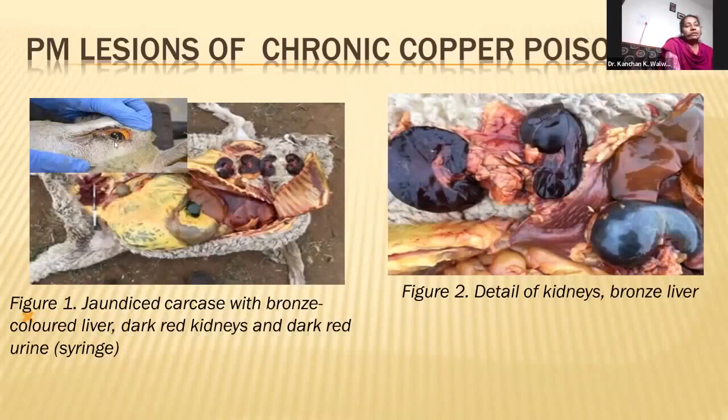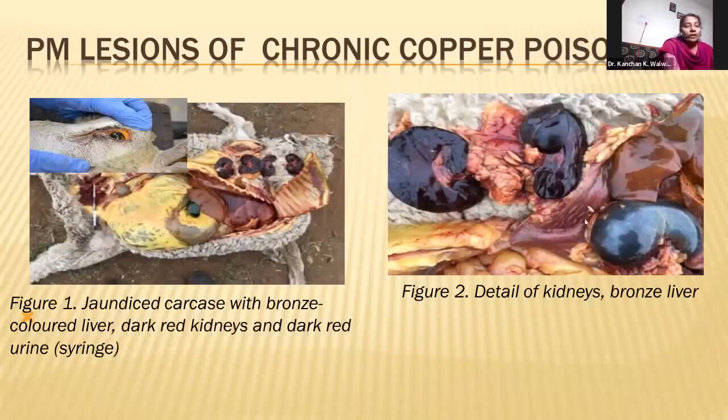In the lower picture on the same slide, you can see icteric mucous membrane, and the serosa will be icteric. On the right side of the same slide, you can see the kidneys and the liver. The kidneys are bronze colored, gun metal type color. So there will be bronze discoloration of the liver and the kidneys.